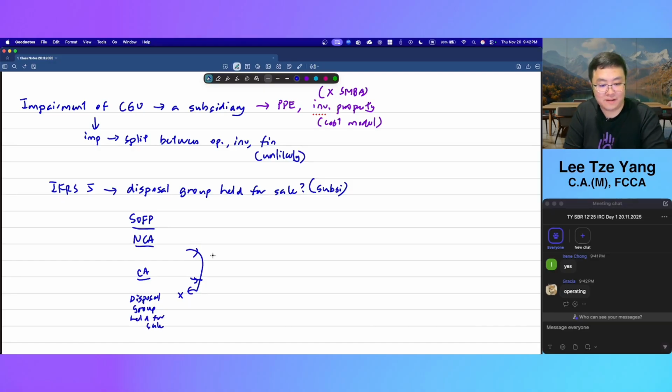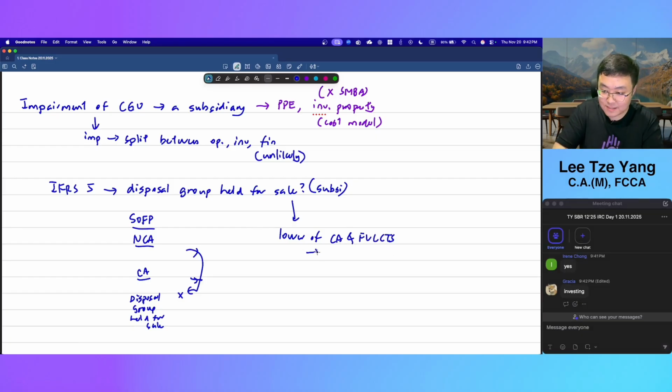So you see, everyone, if you want to split this between the categories, it is actually very difficult, because you need to know, for NCA held for sale, the first thing is you do the normal impairment, that is okay. But upon classification to held for sale, you need to measure it at the lower of carrying amount and fair value less cost to sell, right?